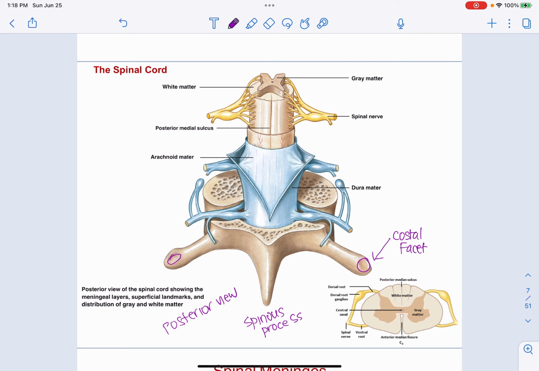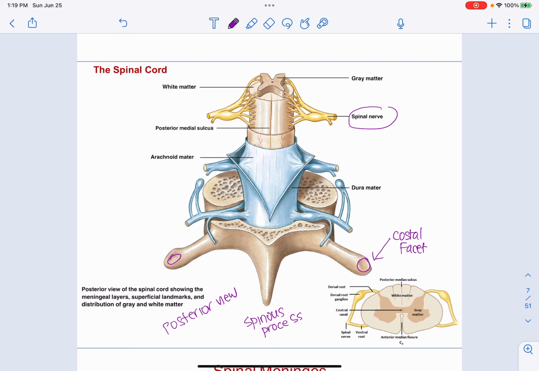If you remember when we discussed all of the vertebrae, we talked about how the spinal cord resides in the vertebral canal. You can also see that there are spinal nerves coming off each side of the spinal cord. They are paired spinal nerves going off to each side. The spinal cord itself, again, is covered in a series of membranes called meninges, and we'll talk about that in the coming slides.